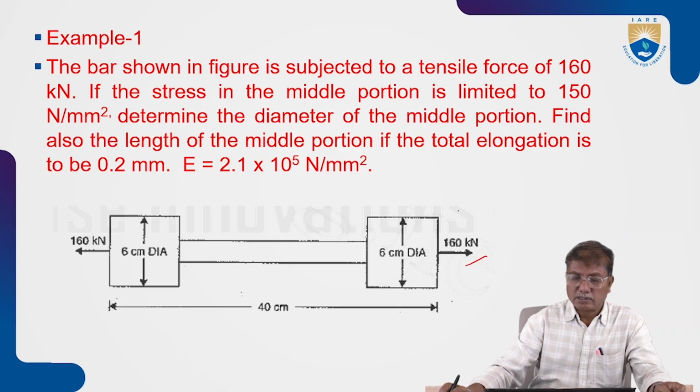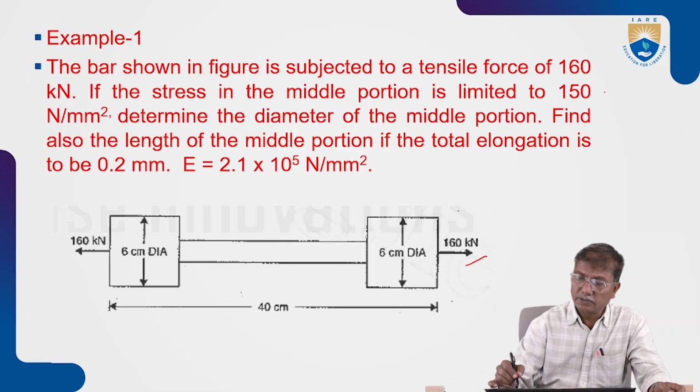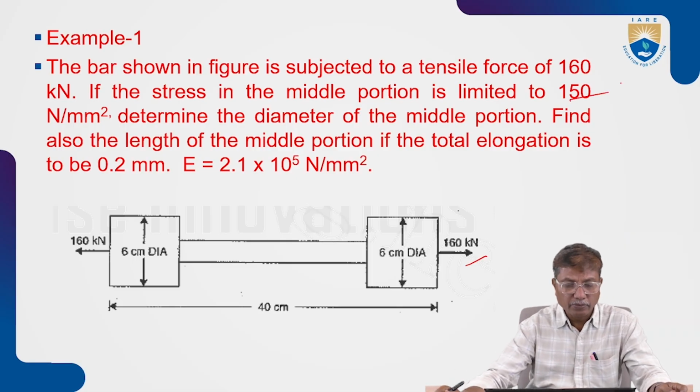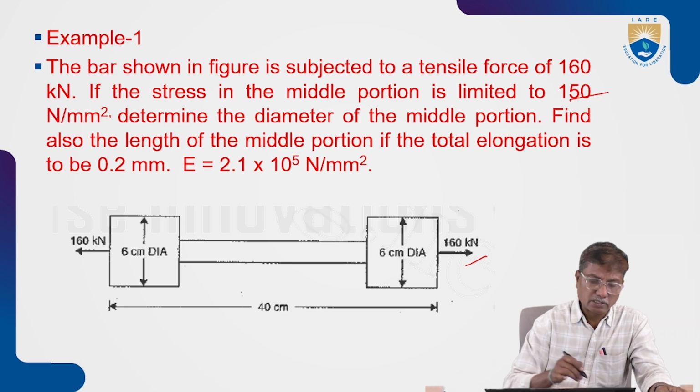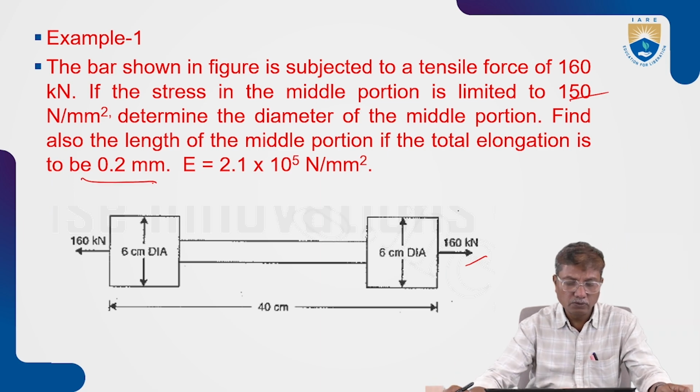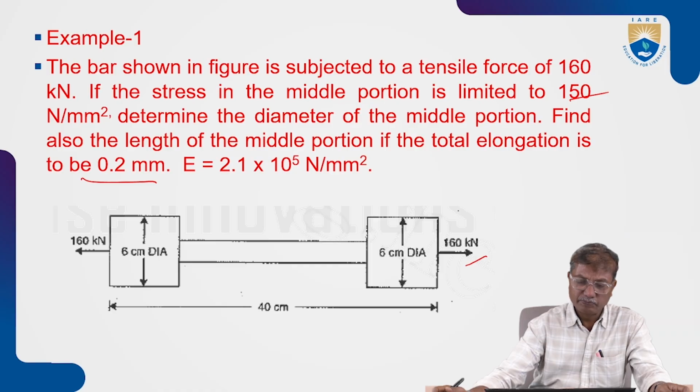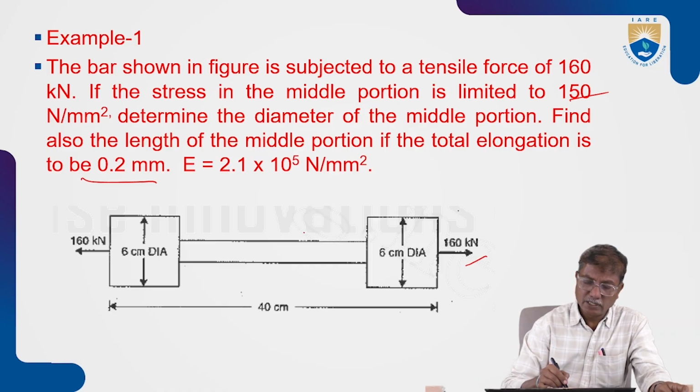If the stress in the middle portion is limited to 150 Newton per mm square, determine the diameter of the middle portion, and also the length of the middle portion, if the total elongation is limited to 0.2 millimeters. So stress we need to find, diameter we need to find.